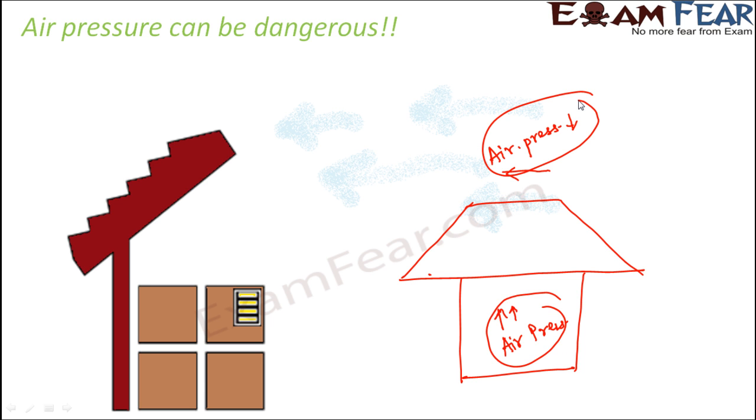And we know that air tends to flow from a region of higher pressure towards lower pressure. So basically wind will end up blowing from bottom to top, and this would exert an upward force on the roof of the house, which results in the destruction of the house. A lot of times the roof itself gets carried away with the wind.